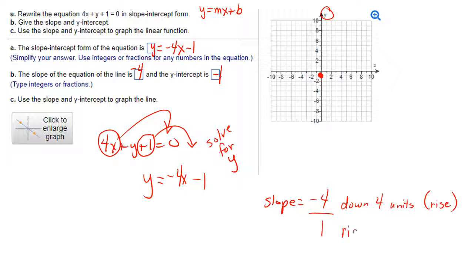And then I will count to the right 1 unit. Now you will always start counting at the y-intercept. So I count down 1, 2, 3, 4, and then I count to the right 1 unit. I will click directly there and the line will appear.